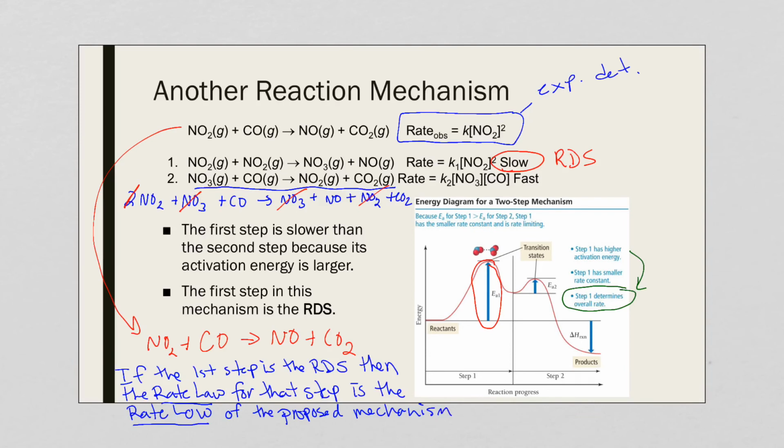So if the first step is the rate determining step of our proposed mechanism, then the rate law for that step will be the rate law of that proposed mechanism.